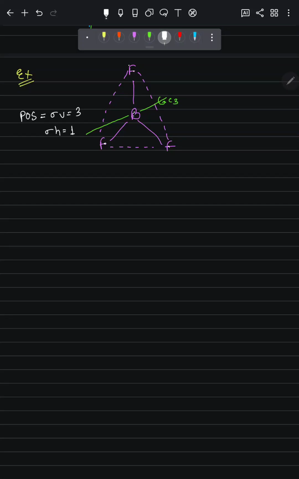What is a horizontal plane? A horizontal plane is just like that. The C3 axis is passing, and this is a horizontal plane which passes through all the F's, cutting all the elements present here, and it is perpendicular, at 90 degrees.